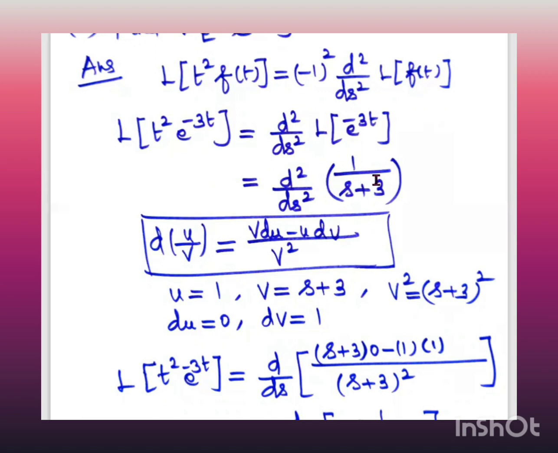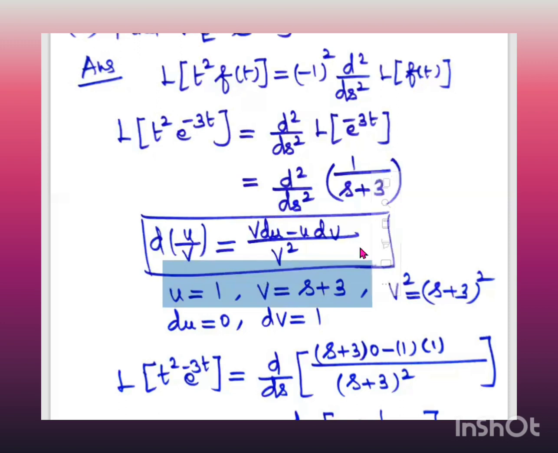What is the u? 1. What is v? s plus 3. What is v square? s plus 3 whole square. U is equal to 1 means, what is du, the differentiation of u? 0. V is equal to s plus 3 means, what is dv? 1, because if you are differentiating s with respect to s, it is 1. And 3, if you are differentiating, it will be 0. So we have got the values of u, v, v square, du, dv.